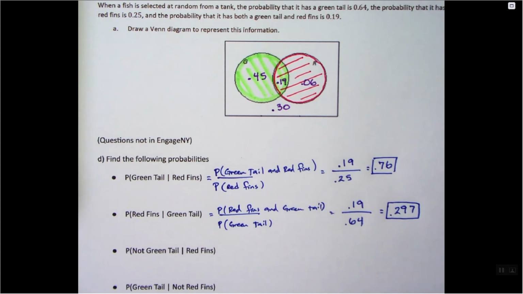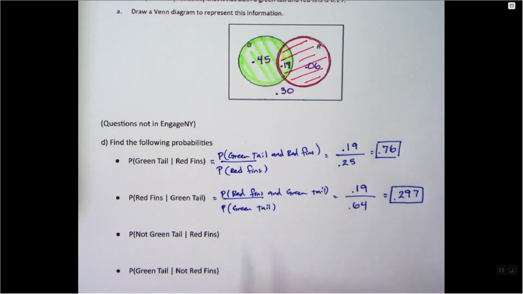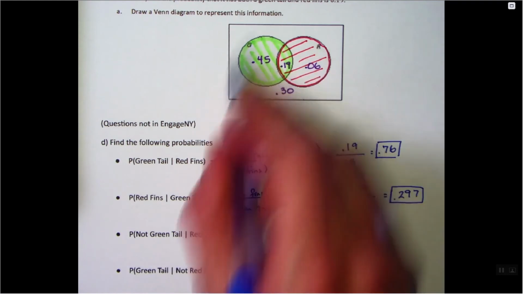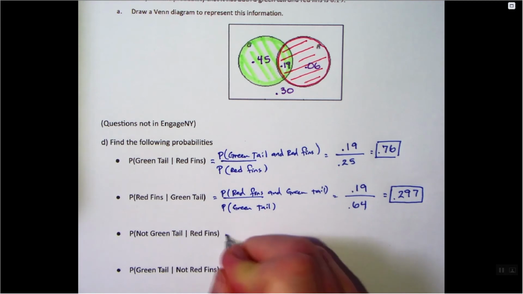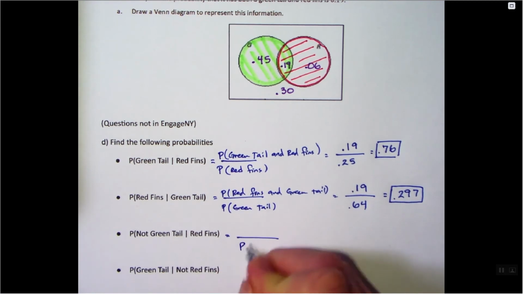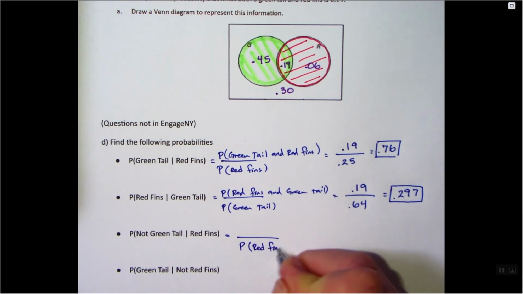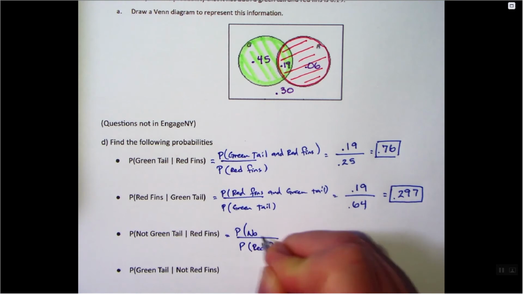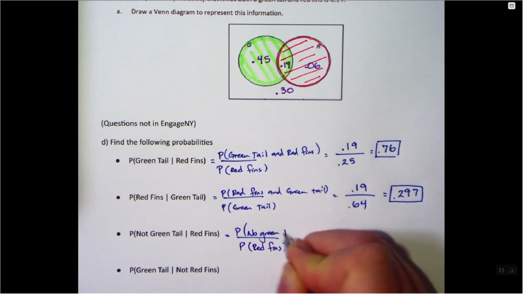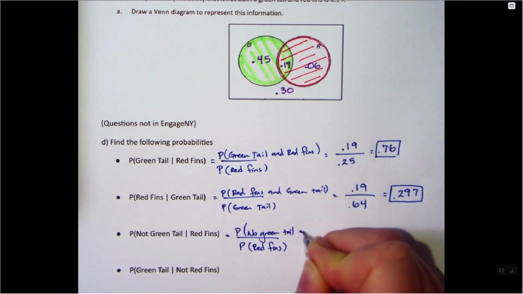Okay, let's do a few more. The probability of not green tail, meaning not inside the green circle, given that it has red fins. So I'm looking out of the red fins, the fish that have red fins. The chance that it has no green tail and red fins.